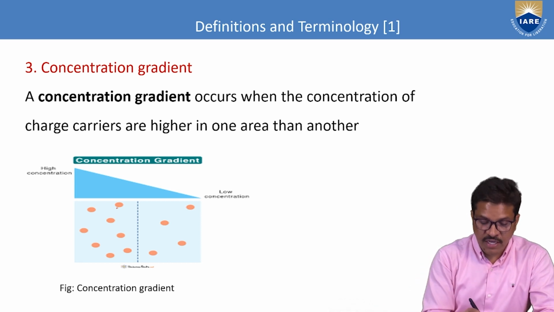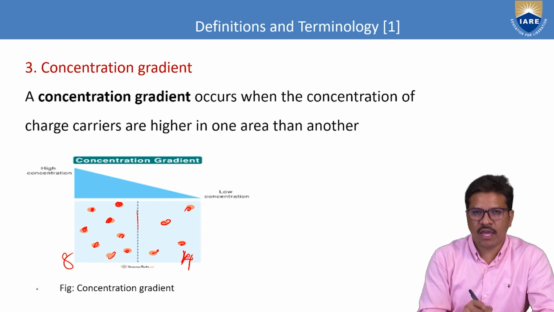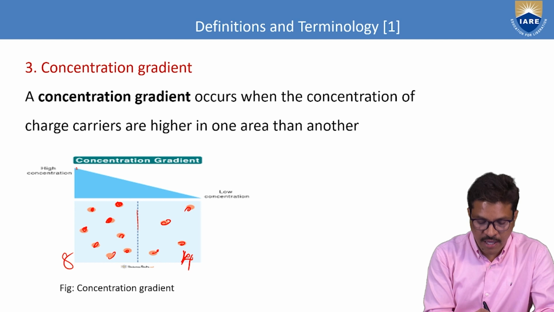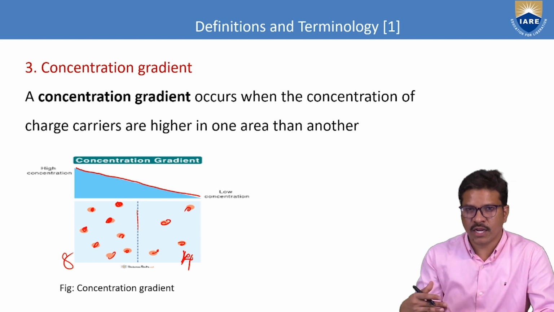If you see this figure, these are the charge carriers. The left side region has 8 charge carriers, and the right side has 4 charge carriers. If you move from left to right, it goes from higher concentration to lower concentration.